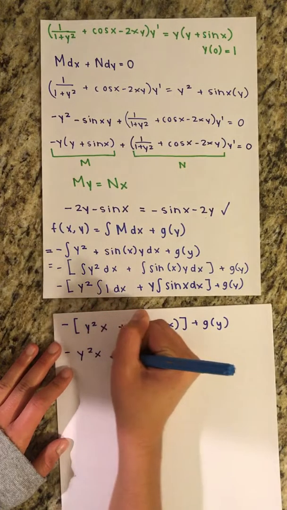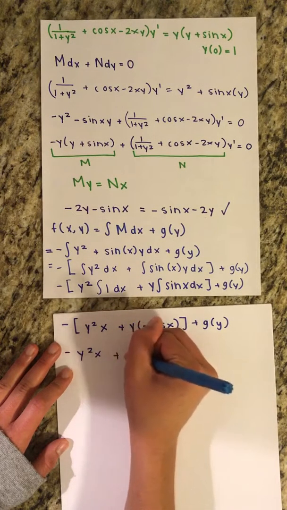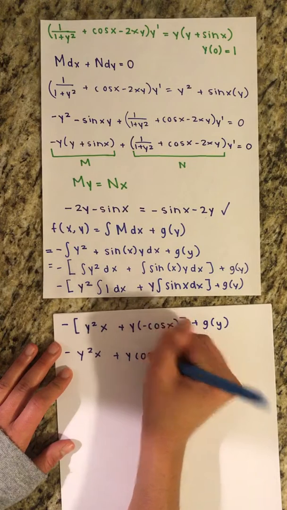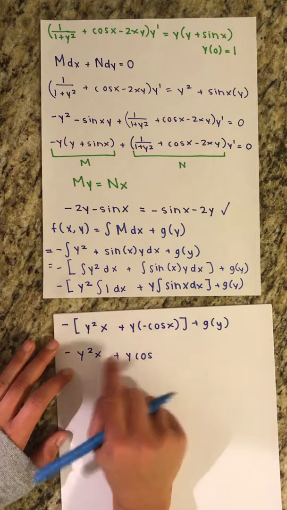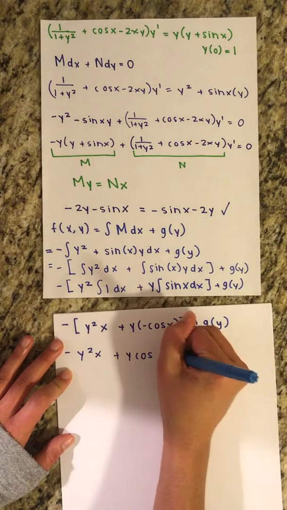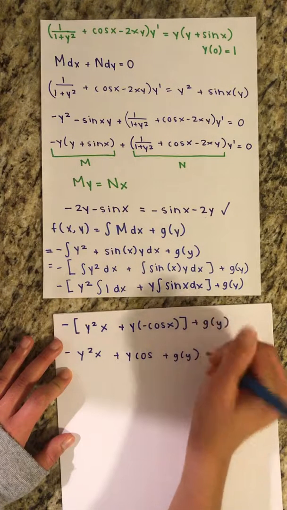So we have plus cosine, and it turns into a plus because it's a negative y cosine x, so turning into a plus y cosine x plus g of y.